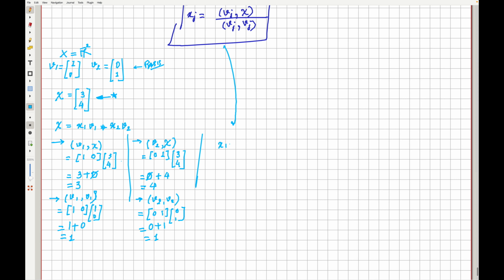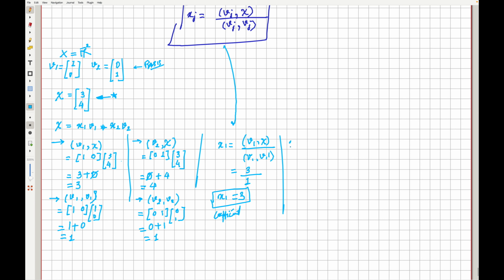Now what we can do is put that in this formula to calculate the value of x1 and x2. So x1 is going to be equal to the dot product of v1 with the vector x divided by the dot product of v1 with itself. We already know the dot product of v1 with x is 3, and the dot product of v1 with itself is 1, and so in the output we get the value 3. So x1 is 3, that's the coefficient we calculated.